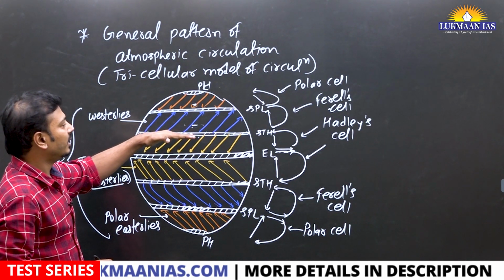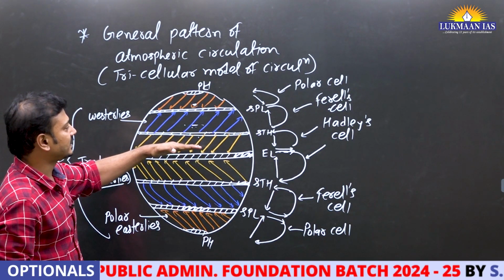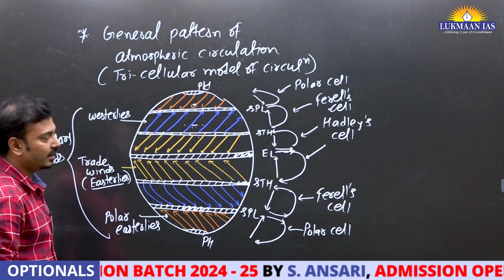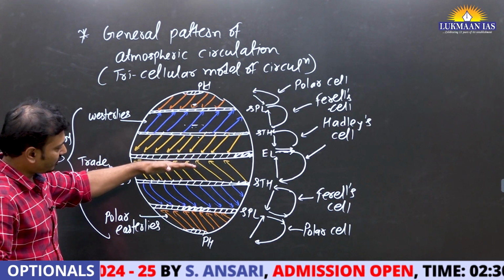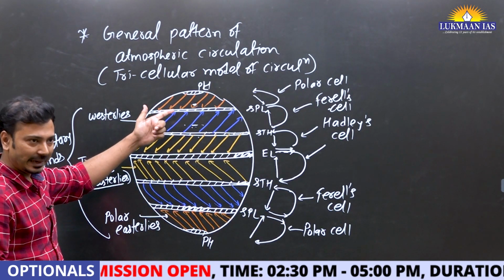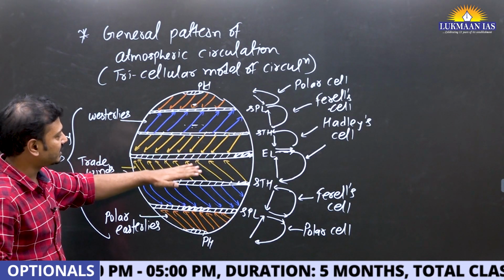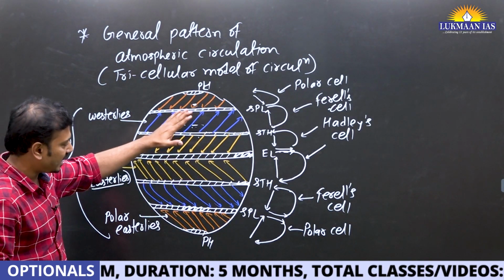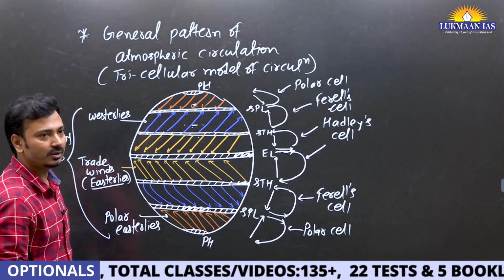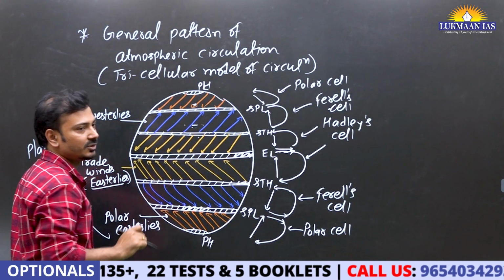Now when there is, let's say, an equinox, in this condition they are under the influence of westerlies. When there is apparent movement of the sun to the south, so when there is winter in the north, all these pressure belts and the planetary wind circulation shift to the south. So now they are continuously under the influence of westerlies for 6 months.